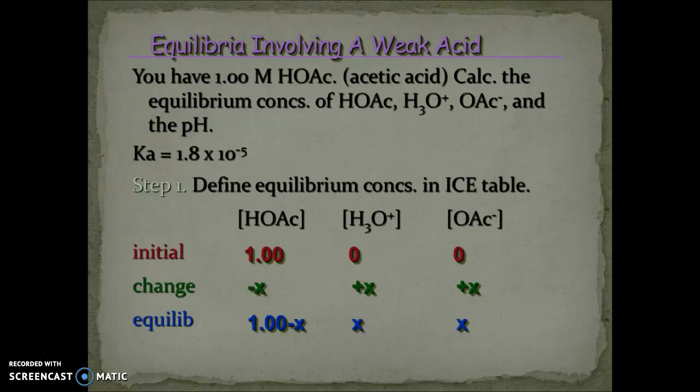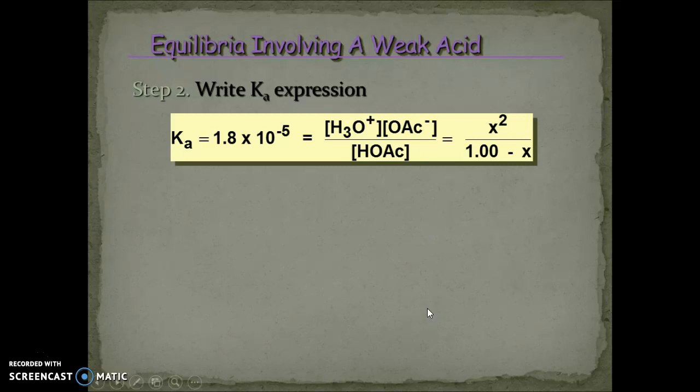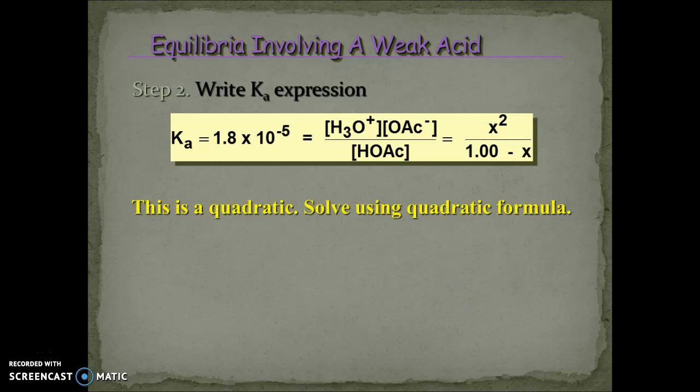We are going to move on then to step 2. These things are going to go into the equilibrium expression. You've got Ka is equal to x squared divided by 1 minus x. This is a quadratic, so you have to solve using the quadratic formula.